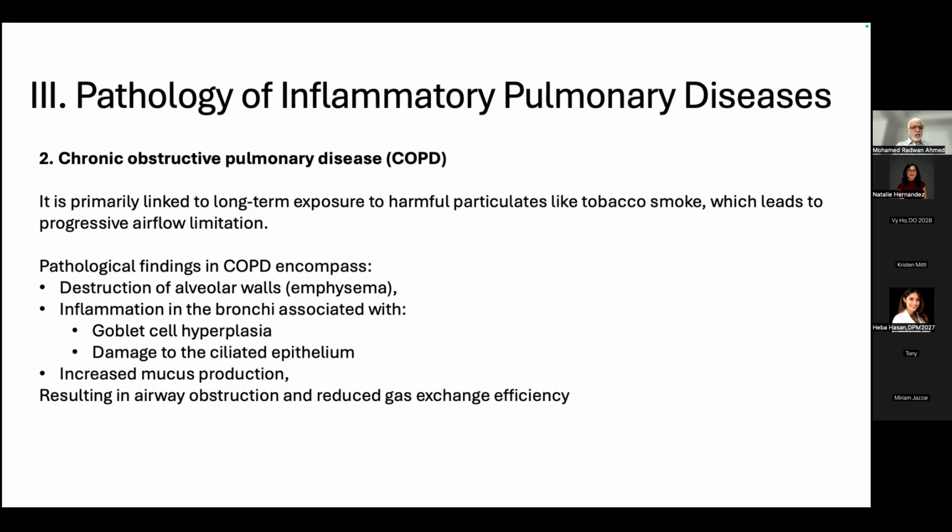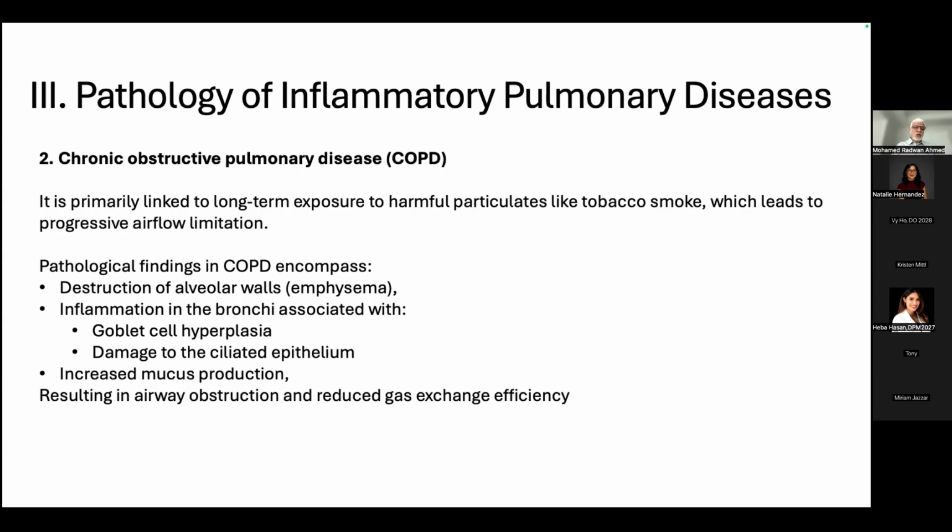The pathological findings here are destruction of the alveoli in emphysema, as we talked about. We talked about the alpha-1 antitrypsin abnormality. And this destruction will be here in this particular case due to inflammation and reaction to the smoke, the cigarette smoking.